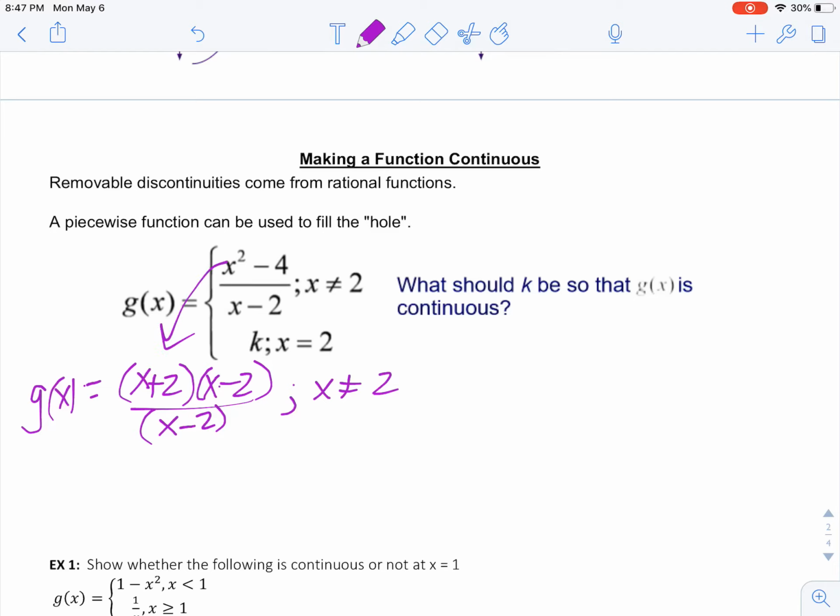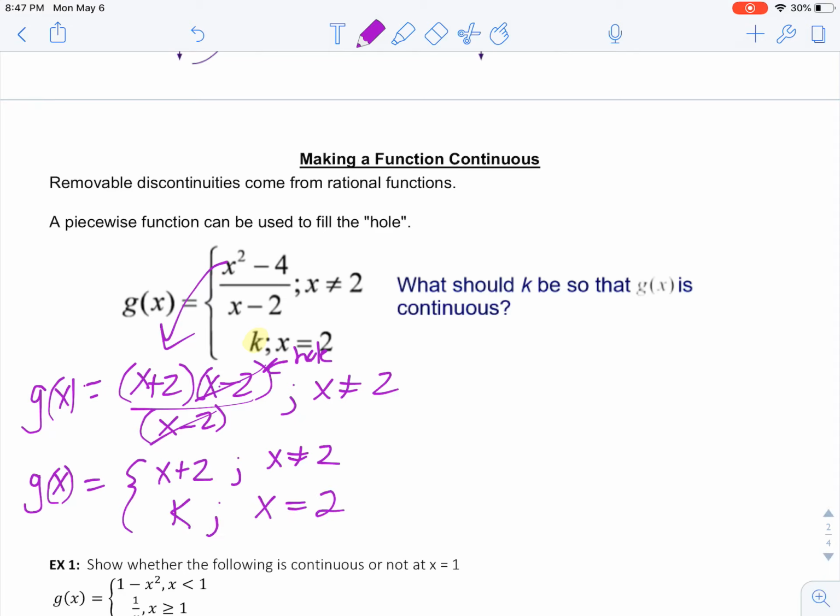That's this right here. So those x minus 2's cancel out. That gives you a hole. But they're filling it in with this value of k right here. So I'm going to say g of x is this top function right here, which simplifies to x plus 2 when x doesn't equal 2, and it equals k when x equals 2.